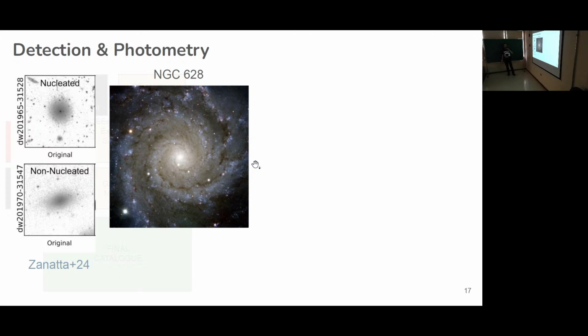So this is why in most of the nucleation studies, which have large samples, we only look at the low mass end of galaxy mass and luminosities to get a more reliable sample of nucleation, in spite of the fact that the nucleation, of course, spans much more than dwarf galaxies.